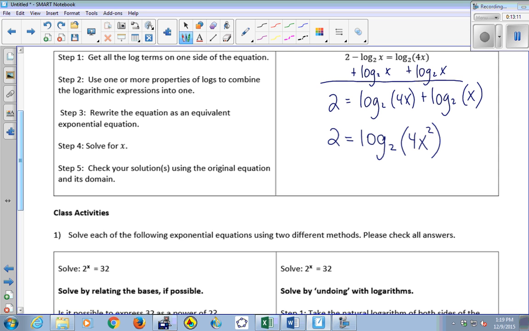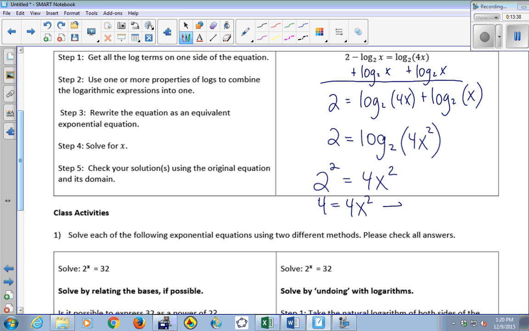So now I can convert this to an exponential equation. What's my base? 2. What's my exponent? 2, and that should equal 4x squared. And now I can solve this equation. Right, so 2 squared is 4. 4 equals 4x squared. If I want to get the x squared by itself, divide by 4.